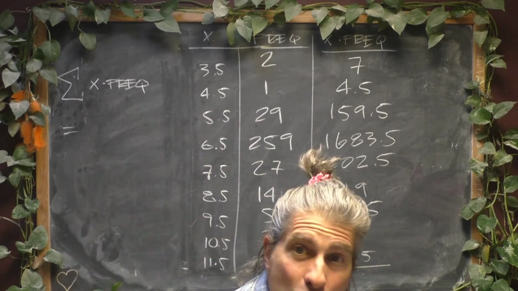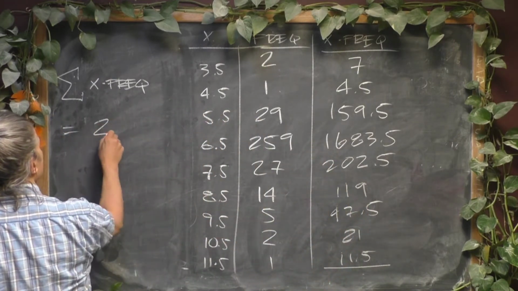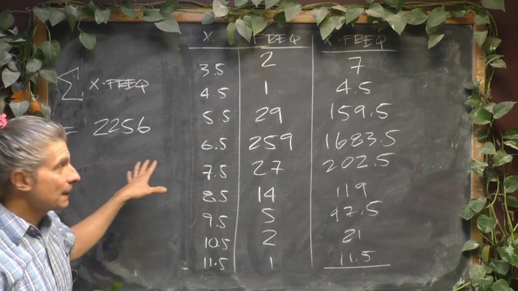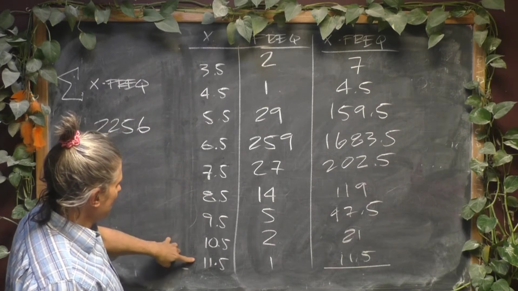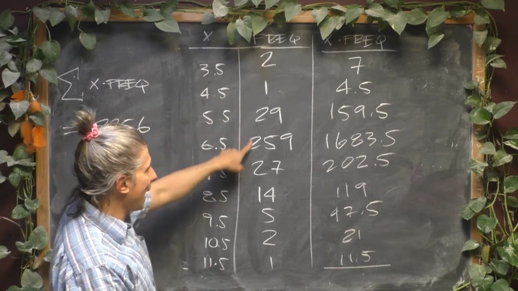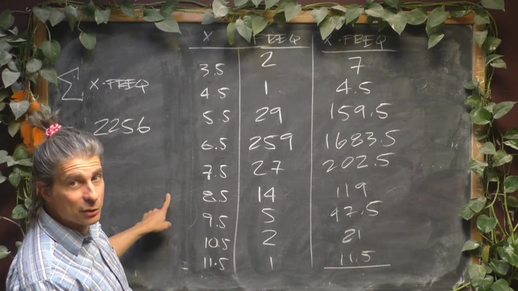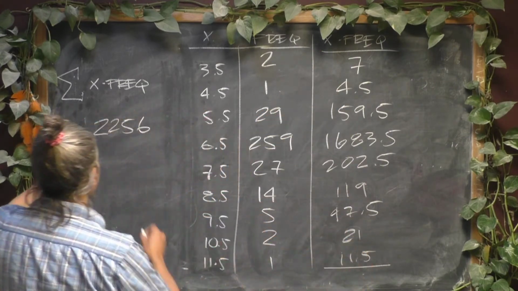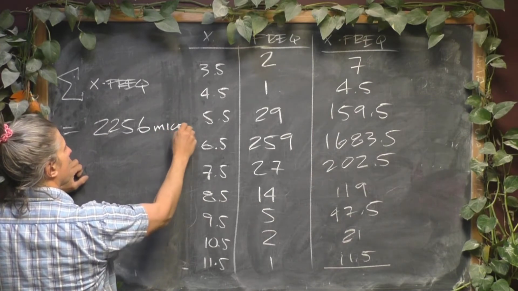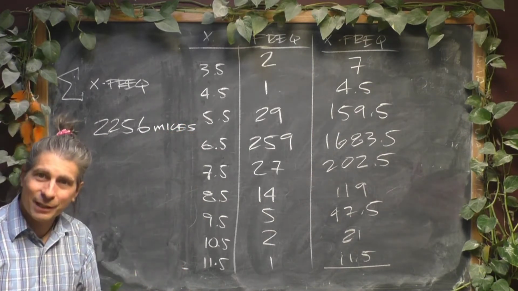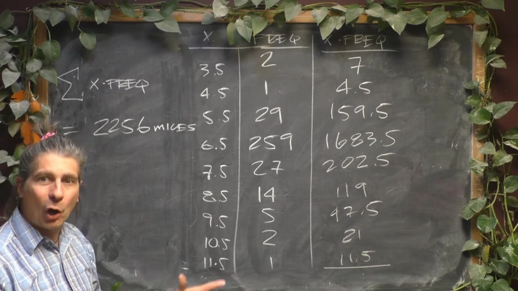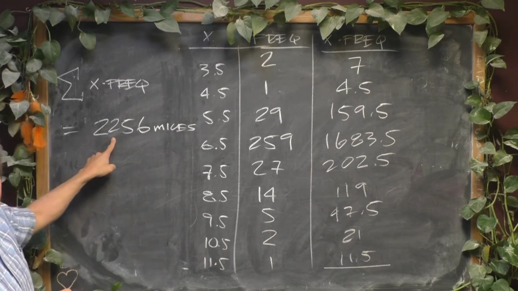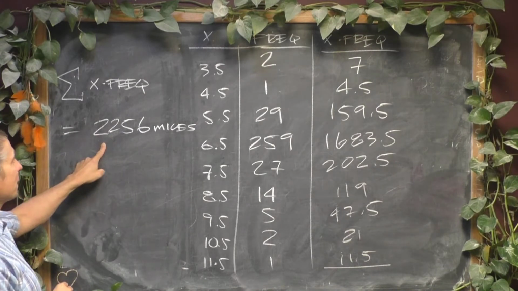That's 2,256. Now, if you think about what that number is, these data points are all in miles. The frequencies don't have units. That's just how many times you see each of these. So that means these numbers are all in miles as well. But to do the average, you have to add up all the data and divide by how many data points there are. We just added up all the data's values, and we got 2,256 miles.